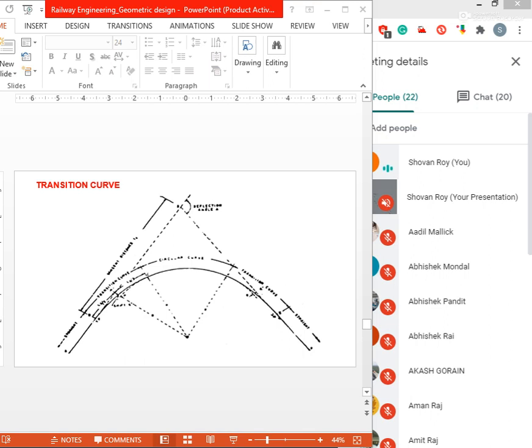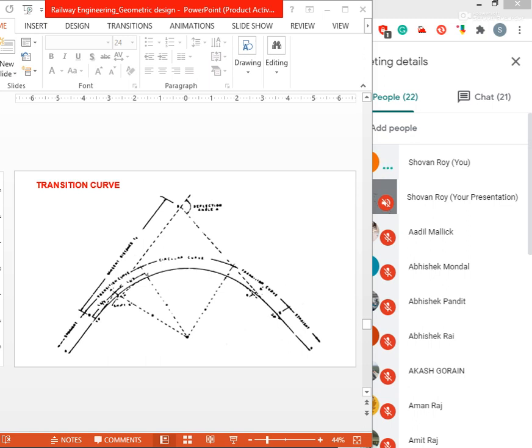In detail, as soon as a train commences motion on a circular curve from a straight line track, it is subjected to a sudden centrifugal force, which not only causes discomfort to the passengers but also distorts the track alignment and affects the stability of the rolling stock.